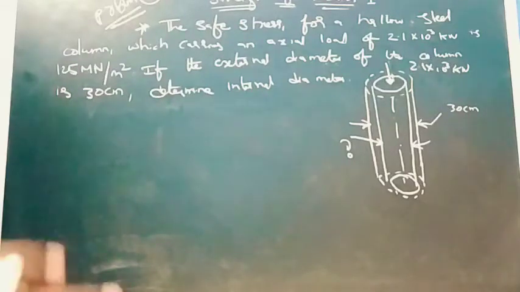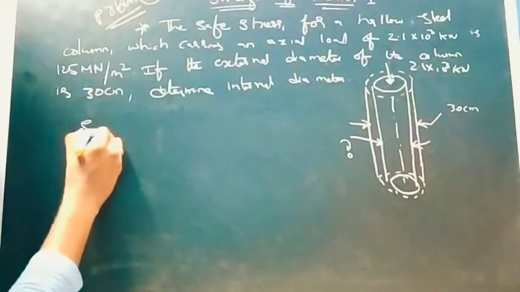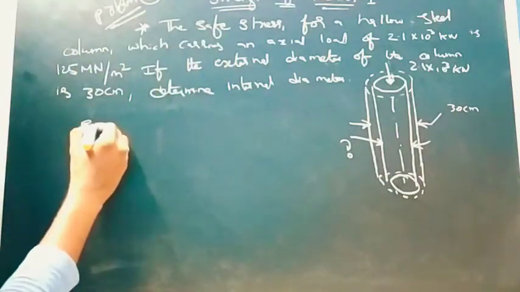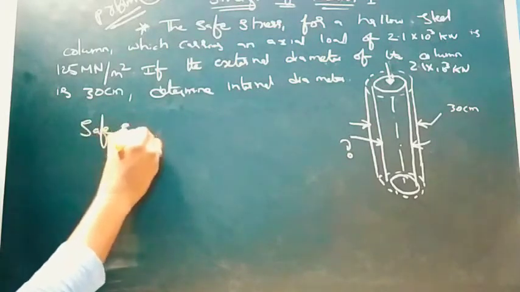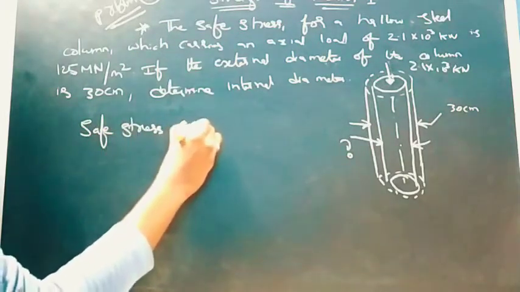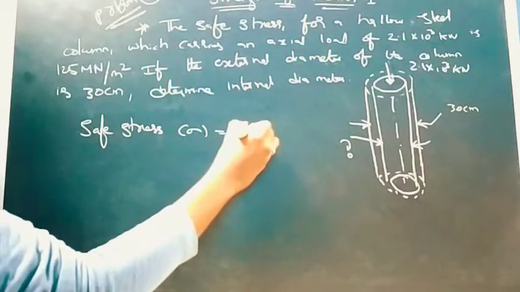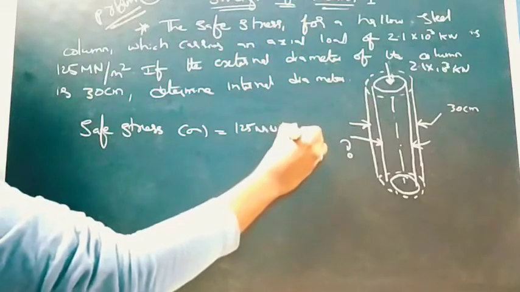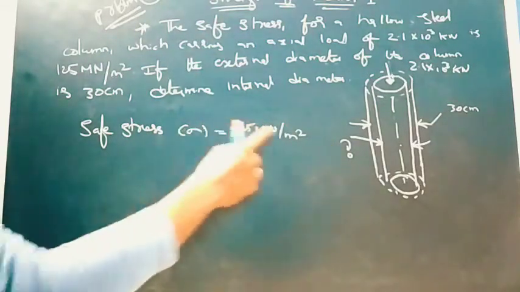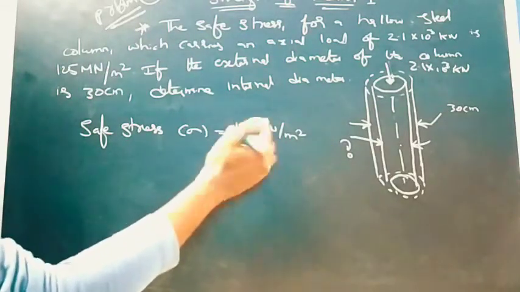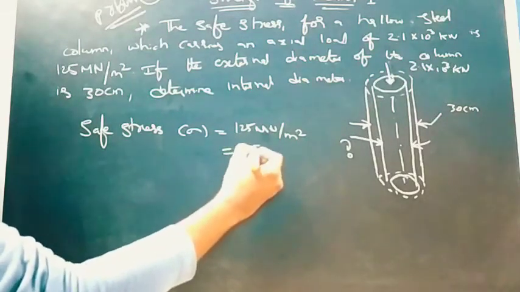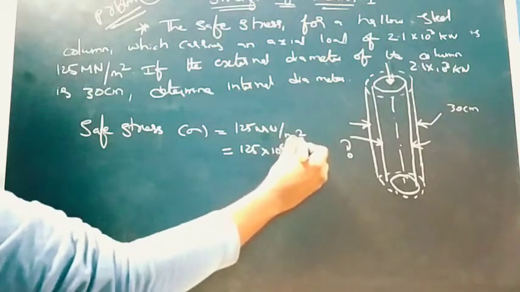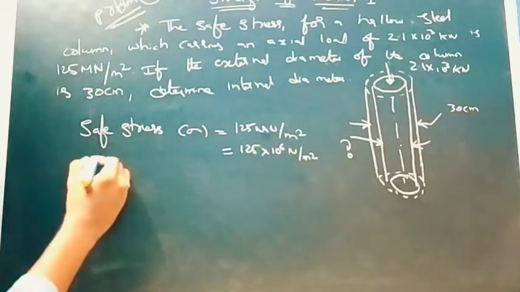First we'll write the axial load and the stress which are given. The safe stress is sigma equals 125 meganewton per meter square. We know mega is 10 to the power of 6, that means 125 into 10 to the power of 6 Newton per meter square.